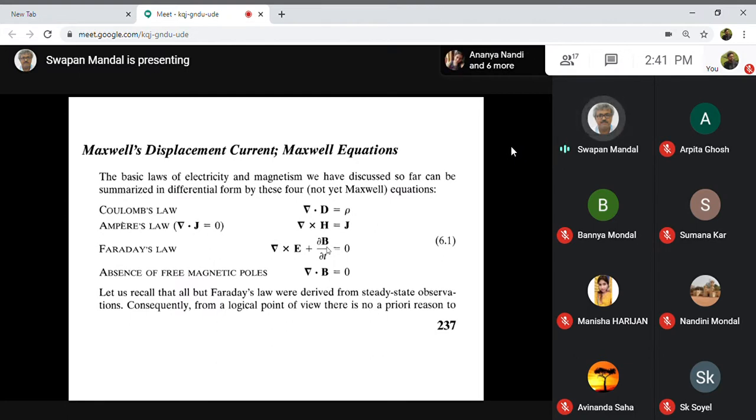Therefore, if the magnetic flux changes, you will get some sort of electric field. That is exactly what we know as Faraday's law. Then Faraday's law is written in this differential form: curl of E plus del B del t equal to 0.